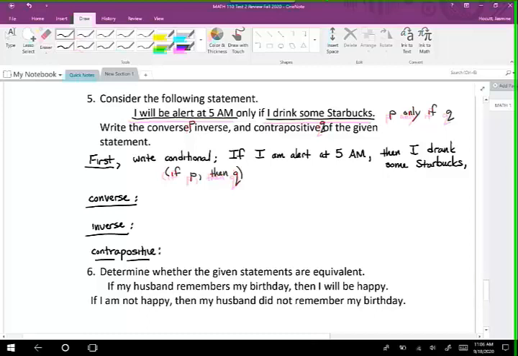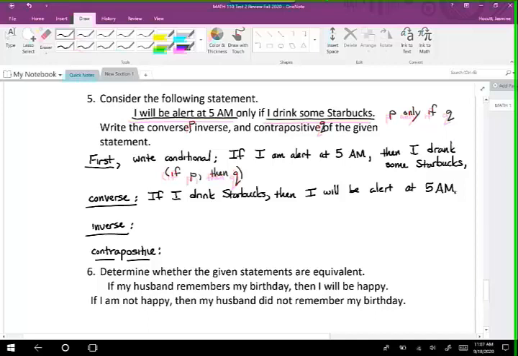Okay, so converse is where you flip the order of the sentence. So I'll put the Starbucks first. So if I drink Starbucks, then I will be alert at 5 a.m. It's probably not a true statement, but it helps, right? Okay, so if I drink Starbucks, then I will be alert.